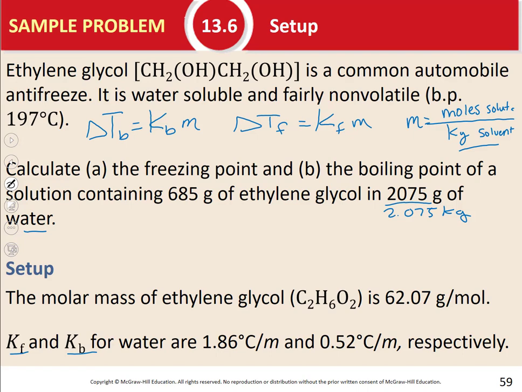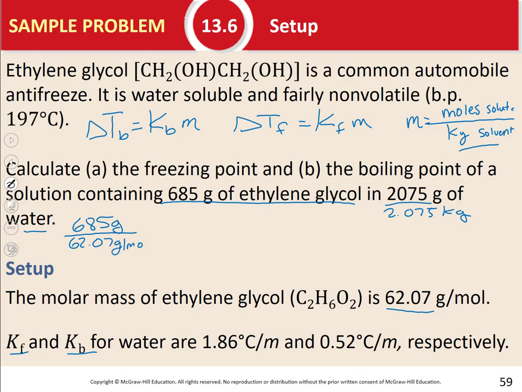For the solvent, water, what's our solute? Ethylene glycol. So that's our solute. So let's take those 685 grams and convert them to moles. How do you convert to moles? Divide by molar mass.